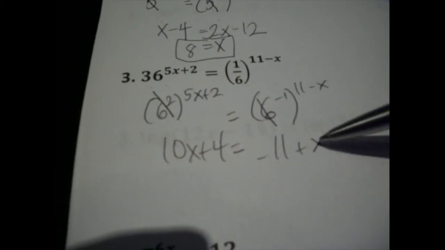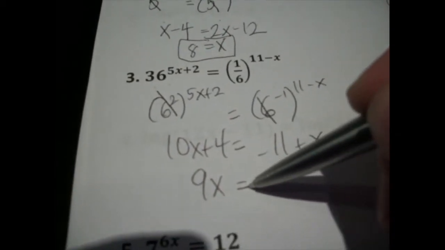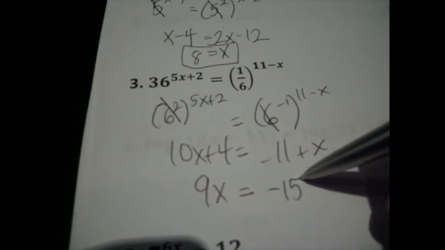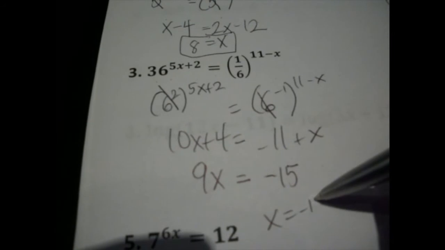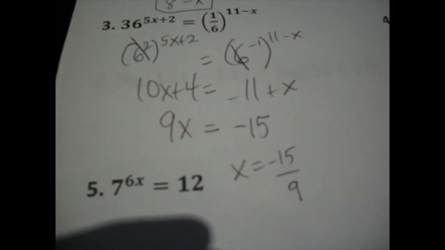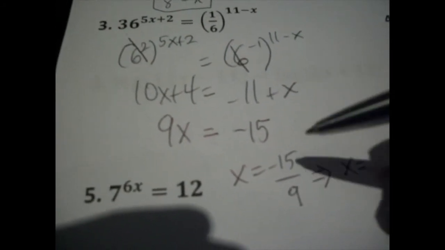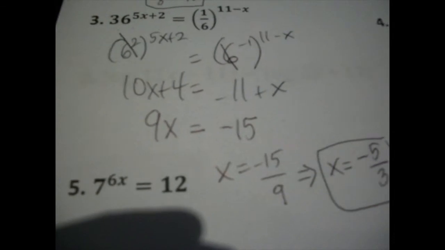Let's see, I'm going to subtract the x from here and here, and then I'm going to subtract 4 here and here. Divide both sides by 9. And I get negative 15/9. We can actually simplify that because those are both multiples of 3. So if I divide by 3 and divide by 3, I get negative 5/3.